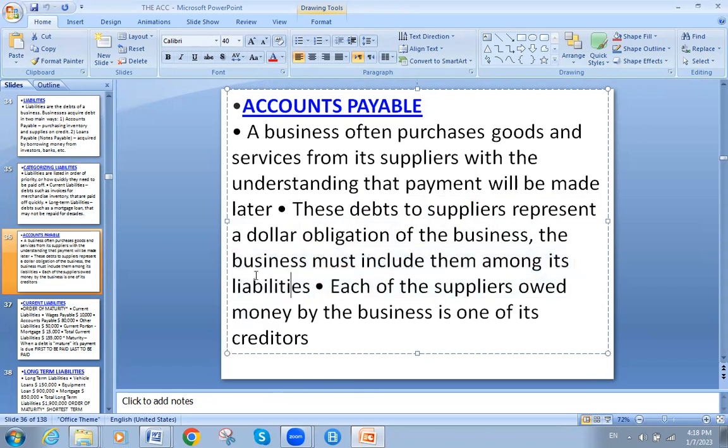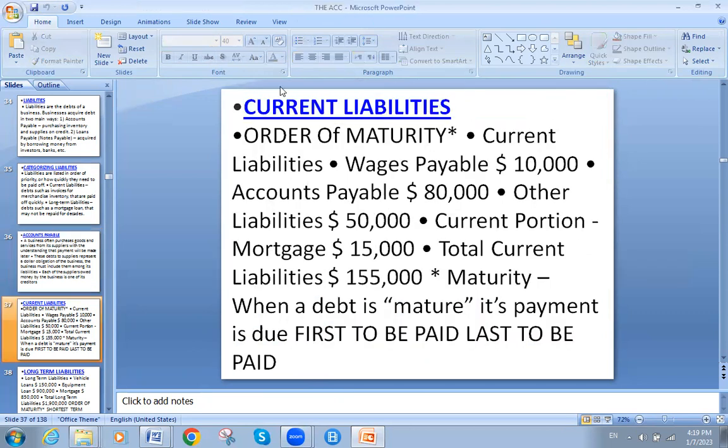This is very logical because I have to pay it. Each of the suppliers owed money by the business is one of its creditors. So I have to pay these people money, so they are business creditors.